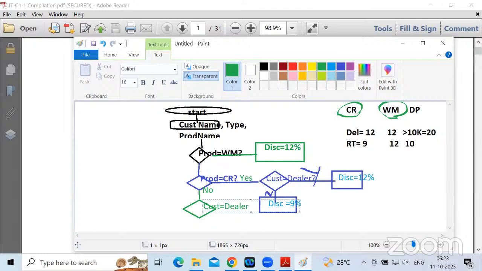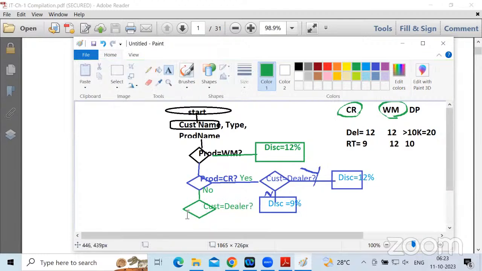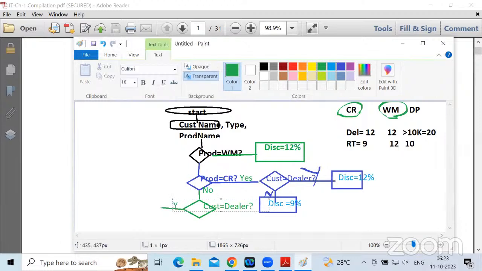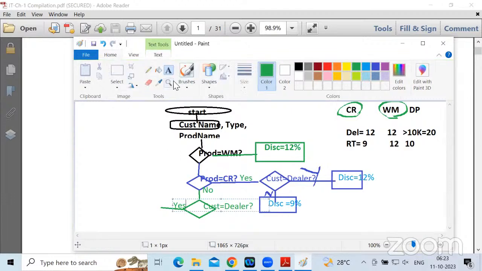Whatever way you are comfortable, you can ask. Now there could be two answers, namely yes and no. So for availability of space, I just deviate here. And I mention here as yes. And at the bottom, I say no.